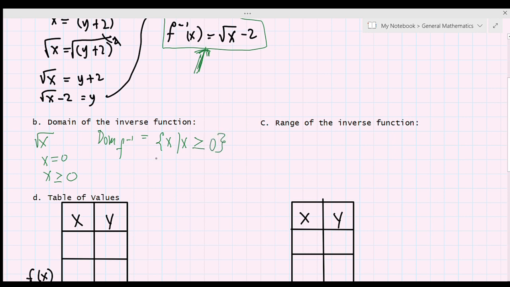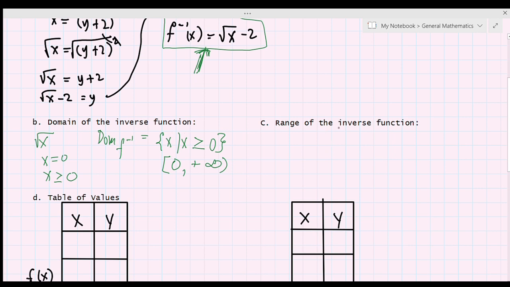Or we can also write this in interval form. Since x must be greater than or equal to 0, 0 must be part of the solution. So we use a bracket and go into positive infinity. So this will be our domain of the inverse of a function.